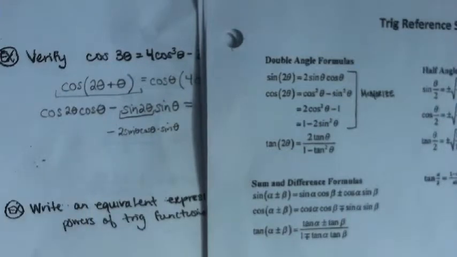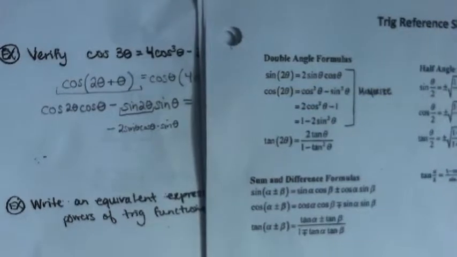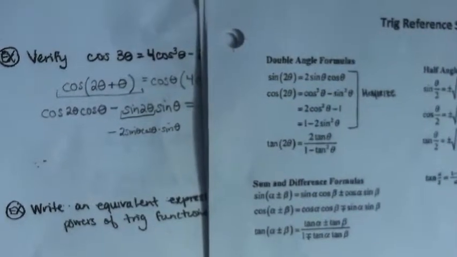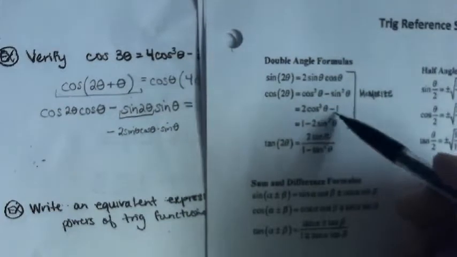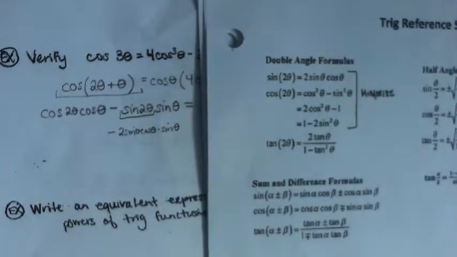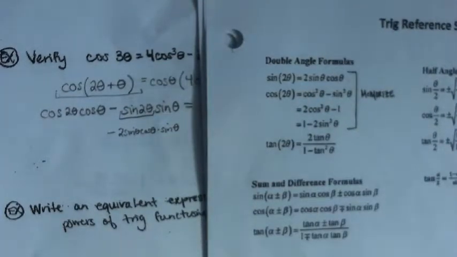But on the cosine 2 theta, I do have an option. And sometimes it doesn't matter. You should be able to find success no matter which one you choose. But one may be easier than another.